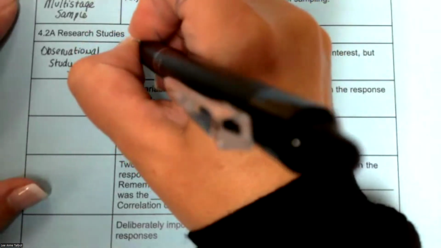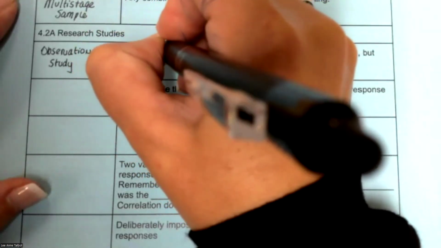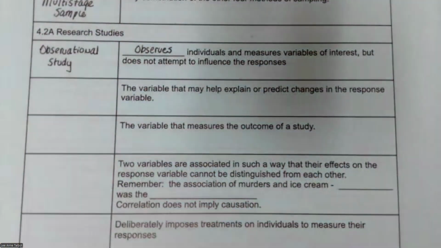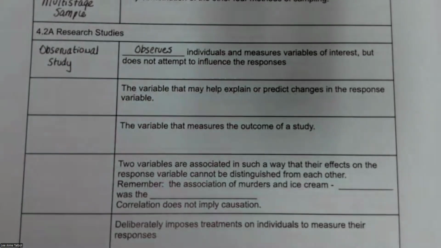An observational study observes individuals and measures variables of interest, but does not attempt to influence the responses. For example, my survey that I did about tacos was an observational study. I did not try to influence how many tacos they like to have. I just asked them. All surveys are observational studies.